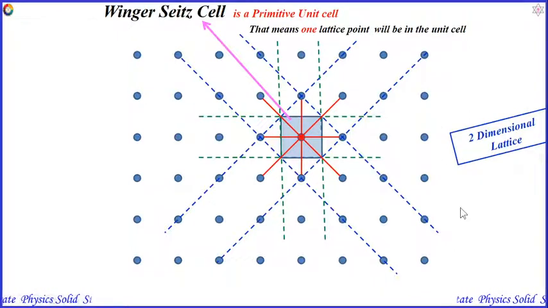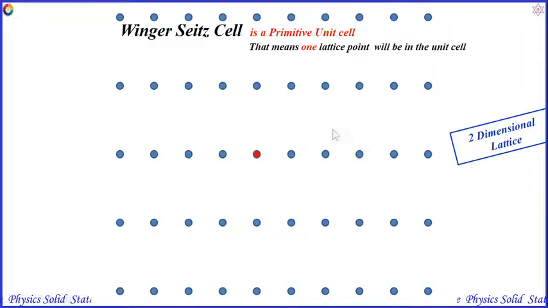Okay. Now we have to consider another lattice in which the Y lattice parameter is double the length of the X lattice parameter.